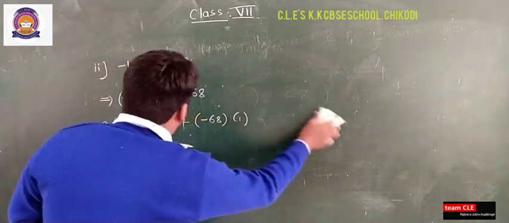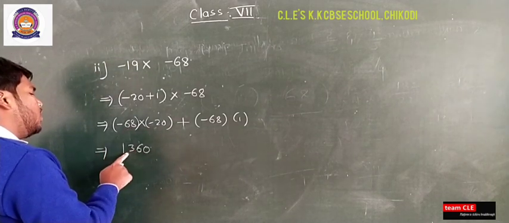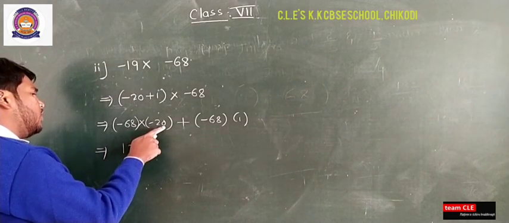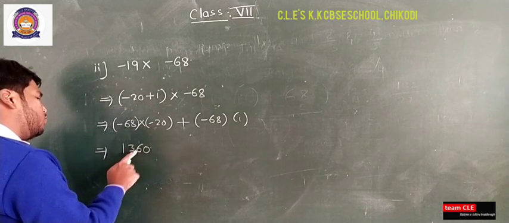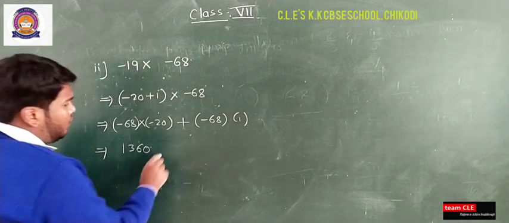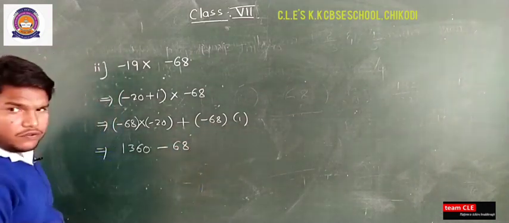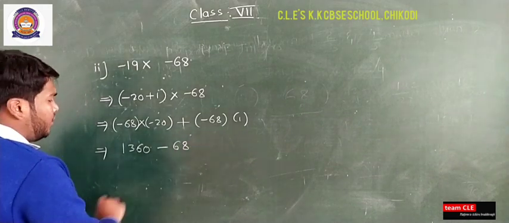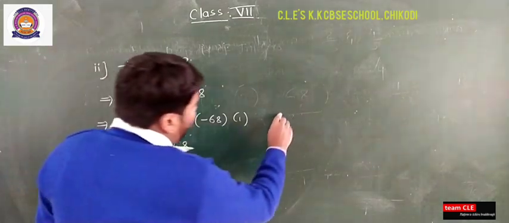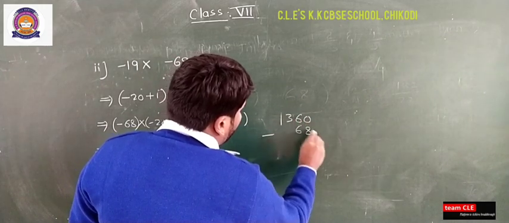When you multiply 68 into 20, you get 1360, because it ends with 0. I have done 68 into 2, that is 136, and added 0. So 1360 minus 68. 68 into 1 is 68, and plus into minus is minus 68. So now 1360 minus 68.